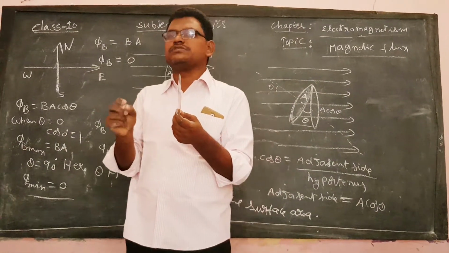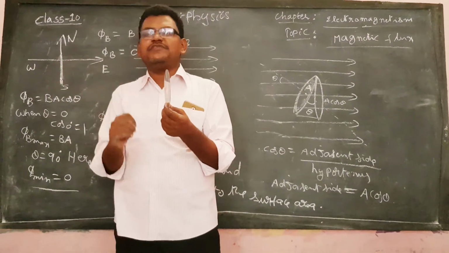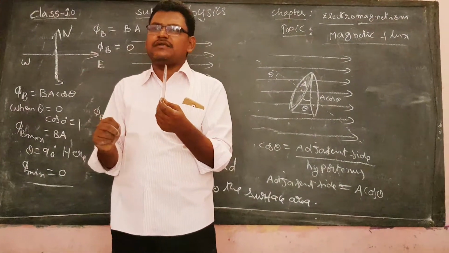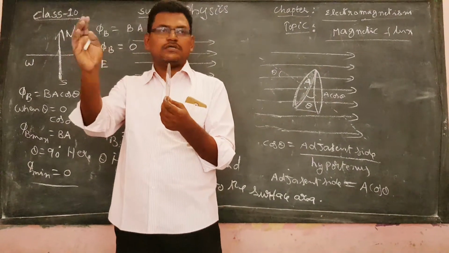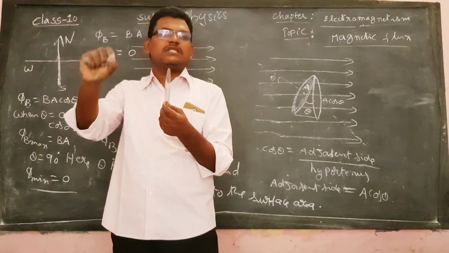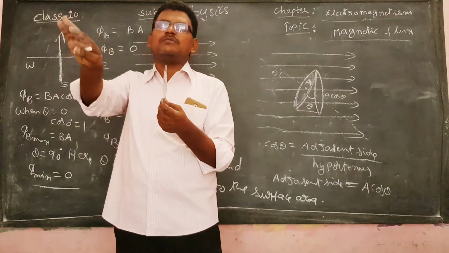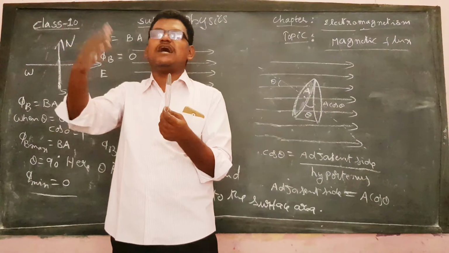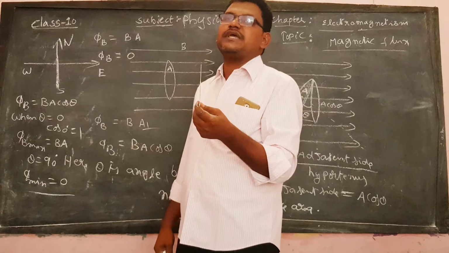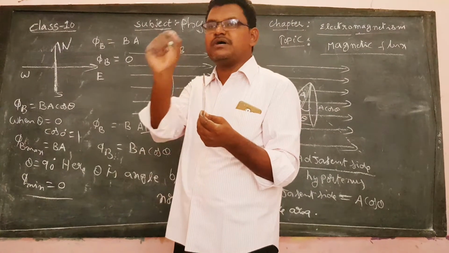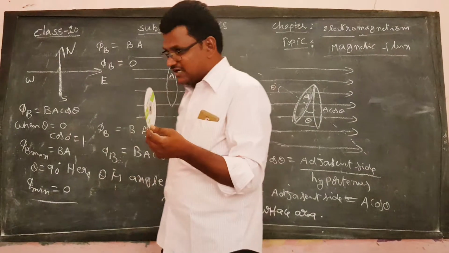In problems, if they give the angle between the magnetic field and the surface area, you have to find out the angle between magnetic field and normal to the surface area. Then only you substitute in the formula phi is equal to BA cos theta. Remember about the angle.